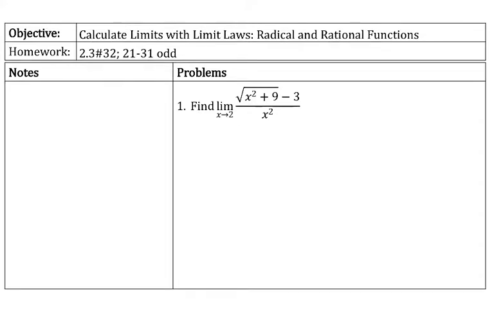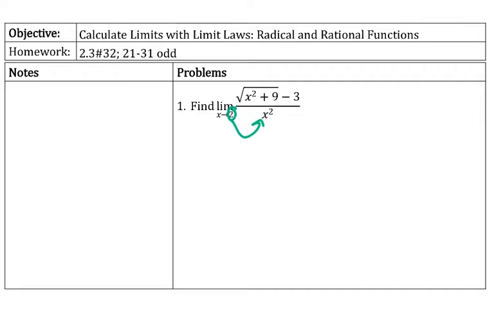So again, the first thing that you're always going to want to do is try to just plug the number in. Make sure that you're not getting a denominator of 0, which we're not here. We're going to get a denominator of 4. One thing you might do is start doing algebra right away. This is something I see in all of my calc students.